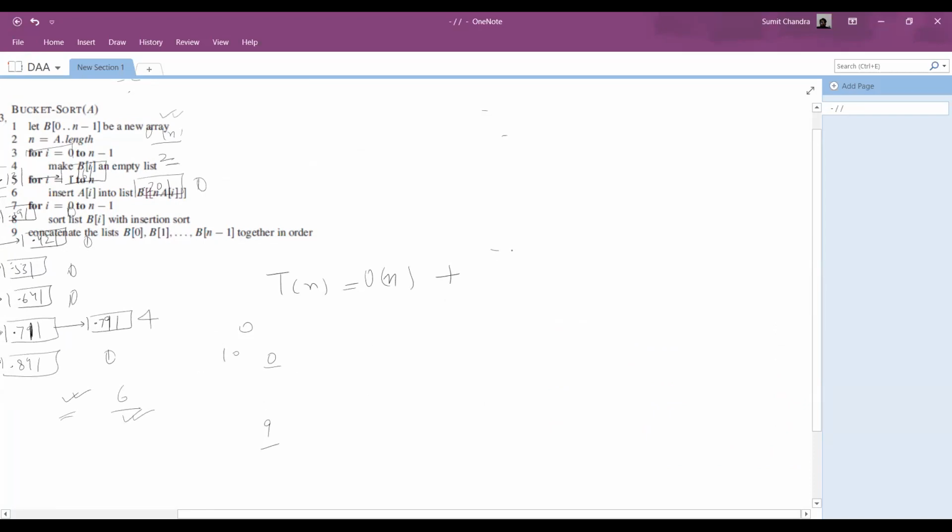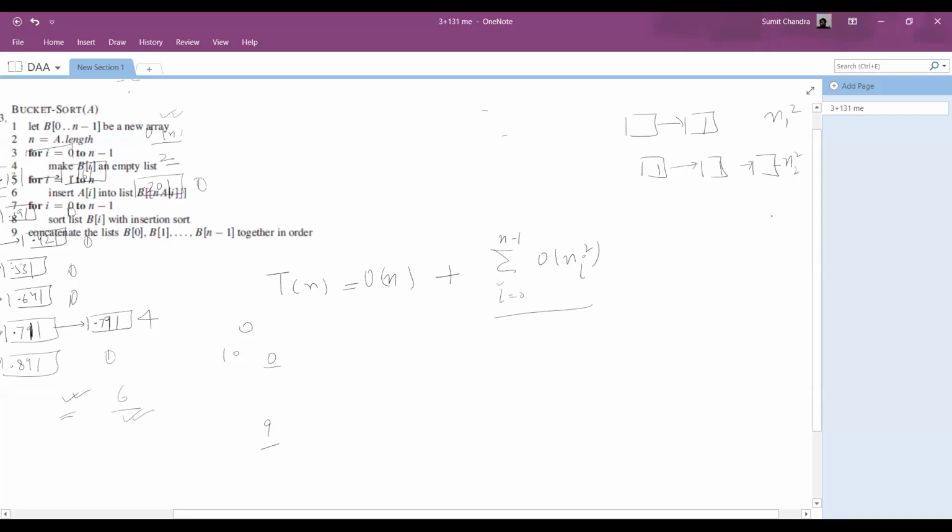It means that the sum over i equal to 0 to n minus 1 of order n_i square. So how are we getting it? Suppose there are linked lists like this. On every linked list, we are going to apply insertion sort. So here, this is the first linked list, so n1 square.